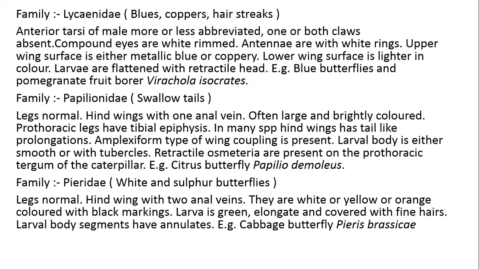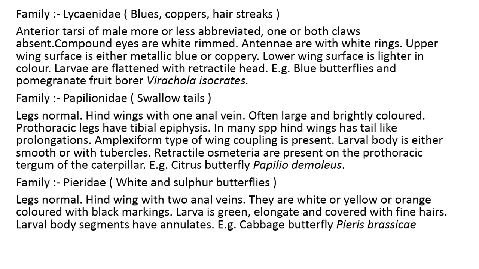Anterior tarsi of male more or less abbreviated, one or both claws absent. Compound eyes are white rimmed. Antennae are with white rings. Upper wing surface is either metallic blue or coppery.